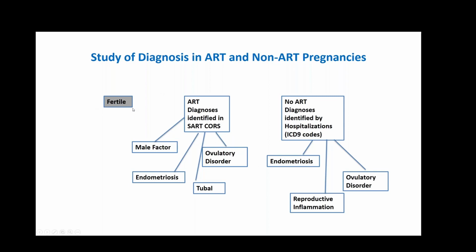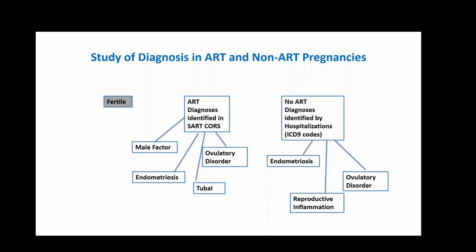So we have our fertile group here. We have an ART group identified through SART CORS, and we have a group with no ART. These were not SART CORS patients, but these were deliveries in which an ICD-9 code in the hospitalization files linked to one of these three diagnoses.